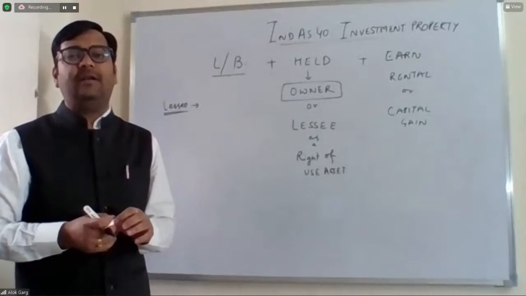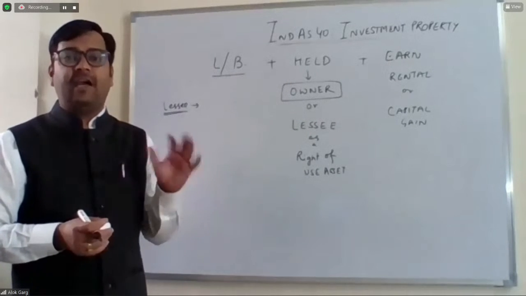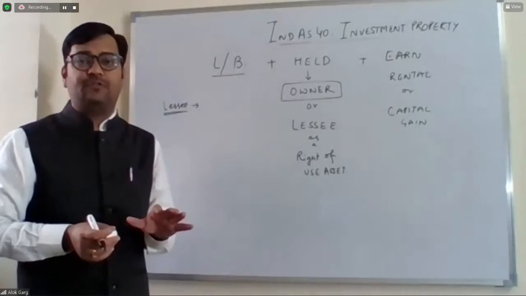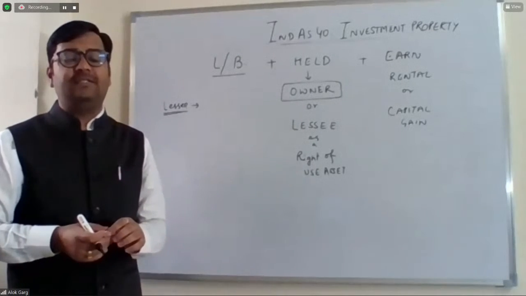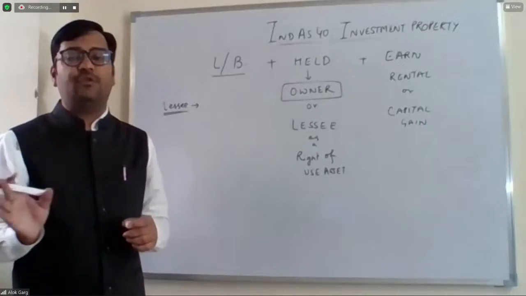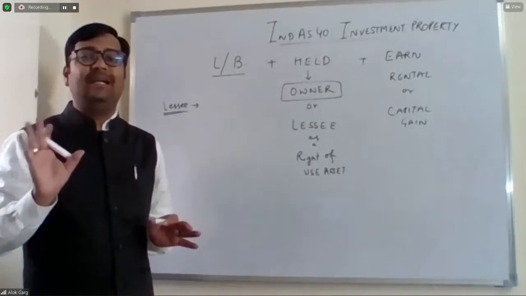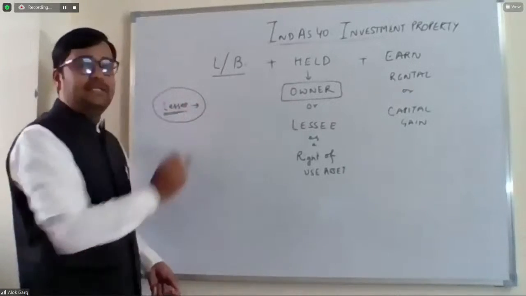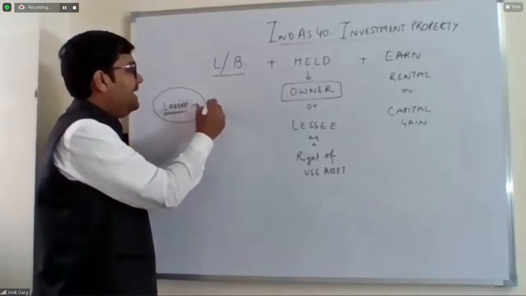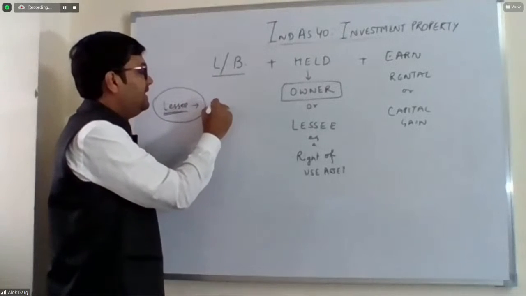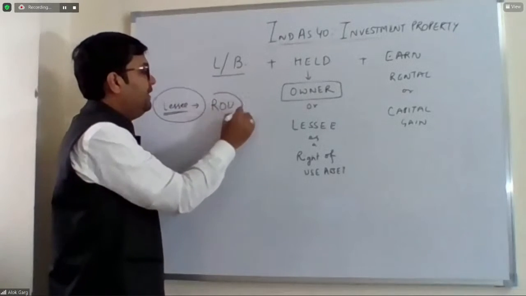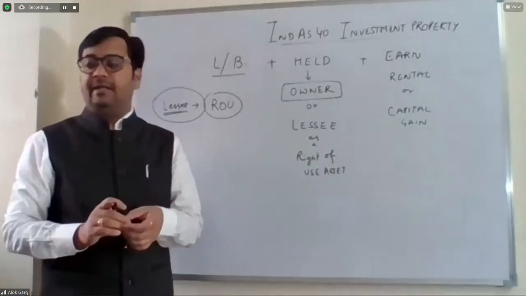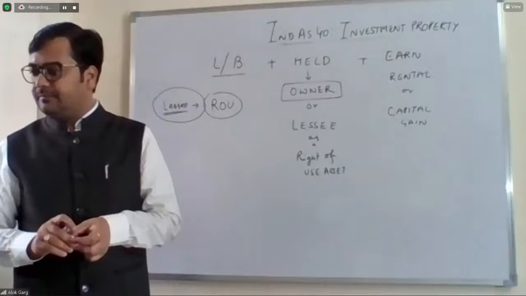Earlier under Indian accounting standard, we had a concept of operating lease and finance lease from the lessee perspective also, but under IndAS 116 this concept was removed. Now there is a single model which says that if a lessee has acquired any asset on lease, that lessee has to show that asset as a right of use asset. For example, A Limited has acquired a building.